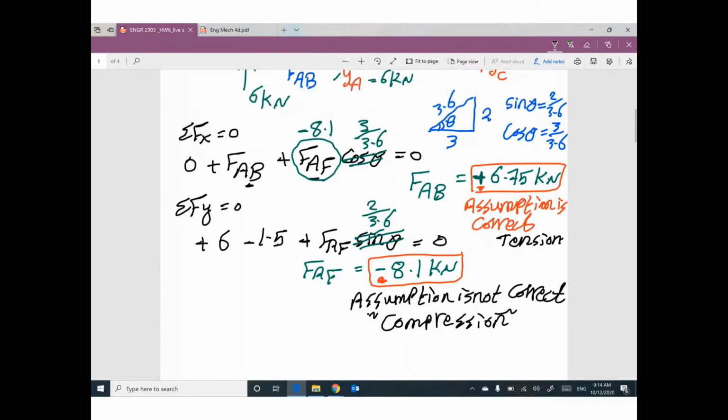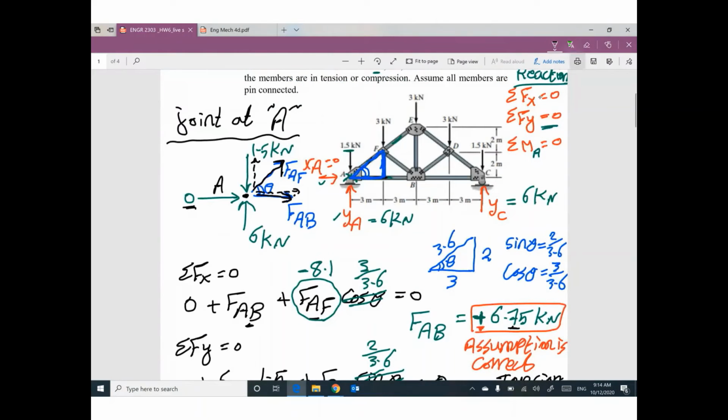Please, can you put the tension and compression and these values on the truss? Actual truss. Here you go. This force AF is compression.